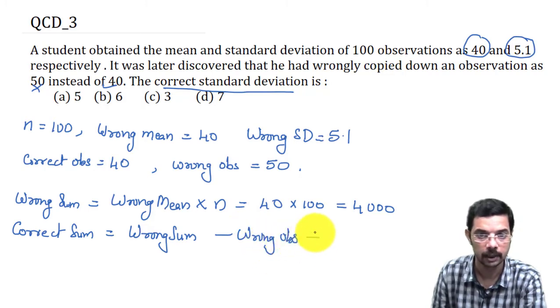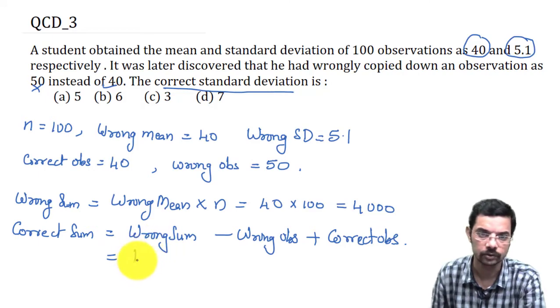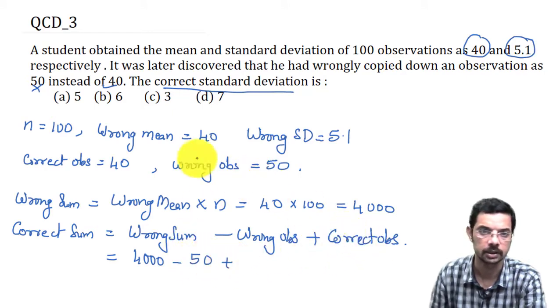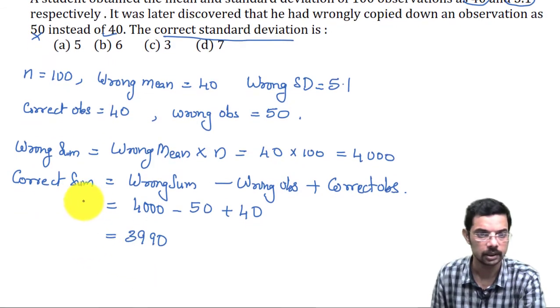Wrong sum is 4000, minus wrong observation was 50, plus correct observation is 40. So the final answer will be 3990. Okay, this is the corrected sum.